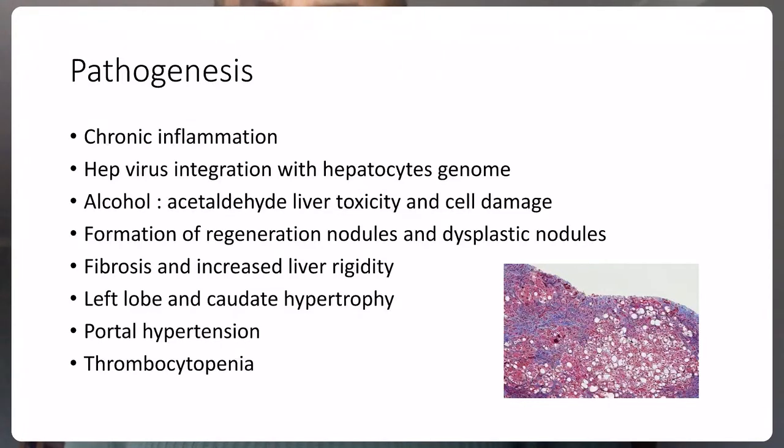In the long term, this process of regeneration that goes for years will lead to development of dysplastic nodules. And the dysplastic nodules are regenerative nodules with cells in them that show dysplastic changes, and that can be quite sinister because they are precancerous.